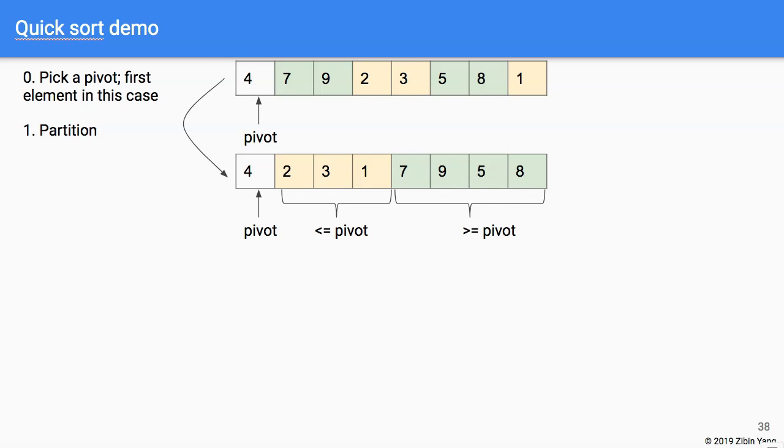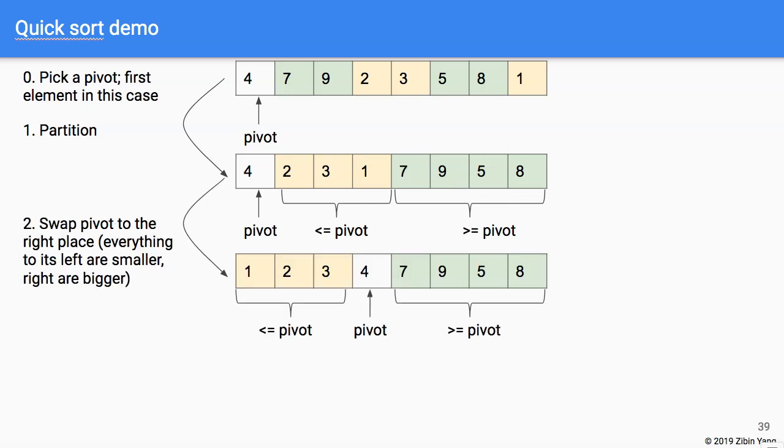second partition. And then the second step is that we do a swap of the pivot with the last element of the smaller partition. So we'll swap 4 and 1. And what that does is put the pivot in the right place, right? Everything to the left of the pivot is still smaller than the pivot, and everything to its right is larger.